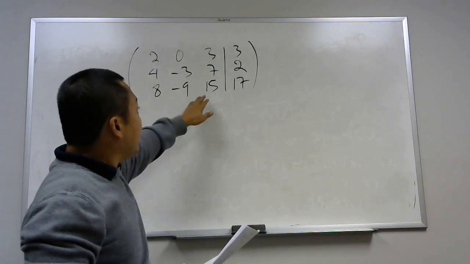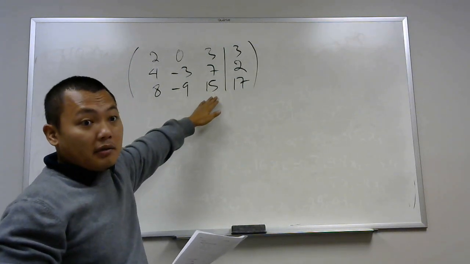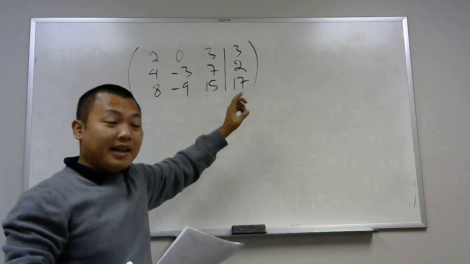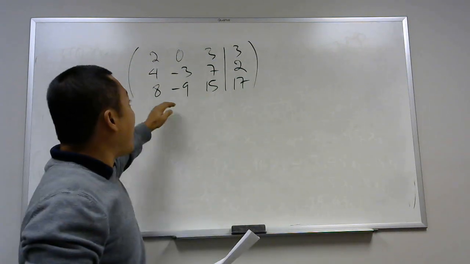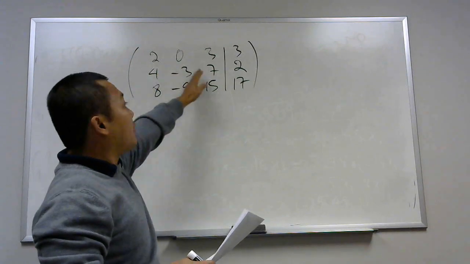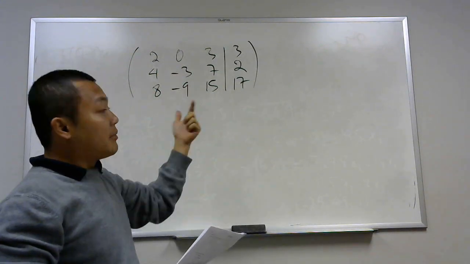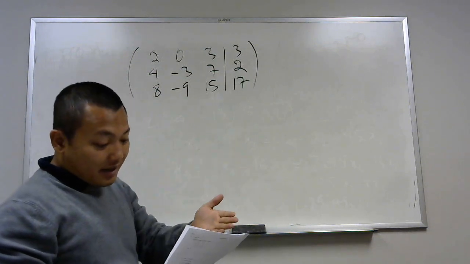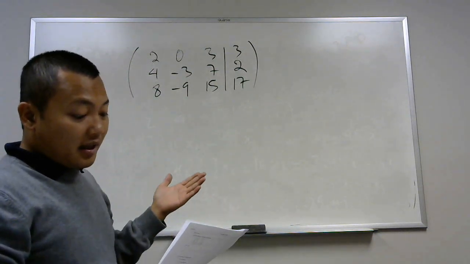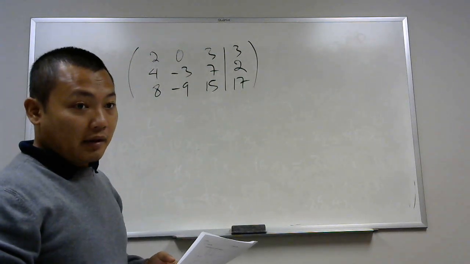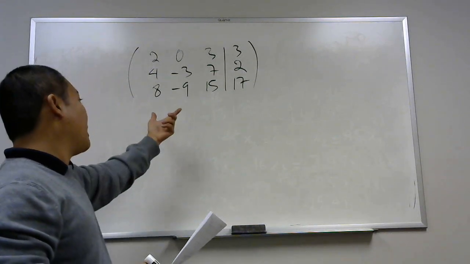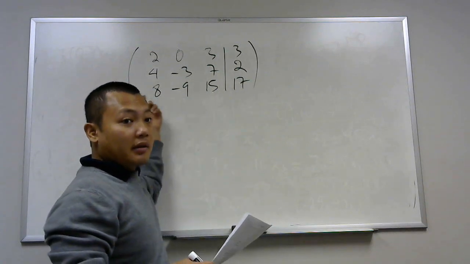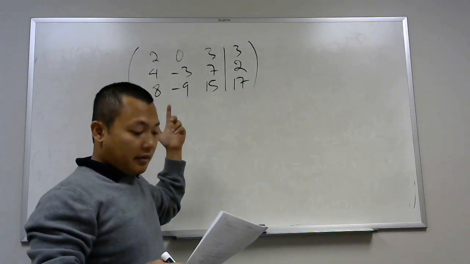Because if the rank of the coefficient matrix is equal to the rank of the augmented matrix, the system has solution. And if those ranks are equal to the number of variables, the system has unique solution. If the rank is less than the number of variables, the system has infinitely many solutions, right? If the rank of coefficient matrix is not equal to the rank of augmented matrix, the system does not have any solution.